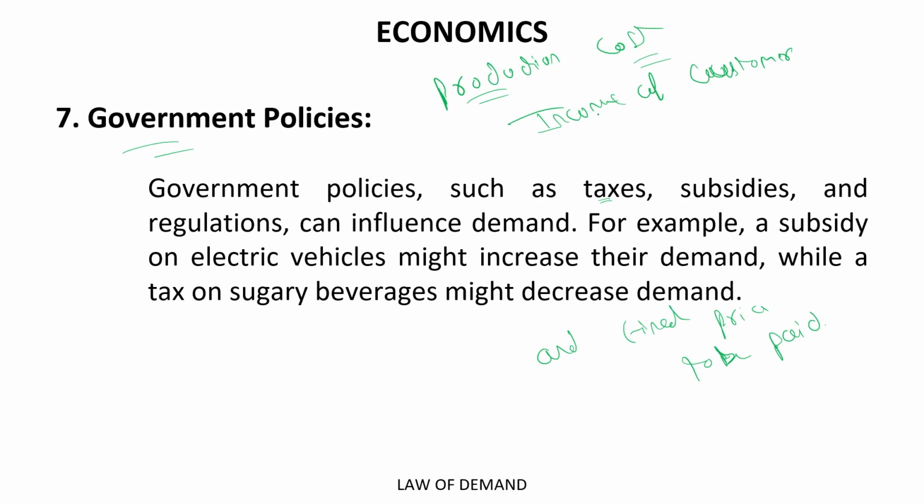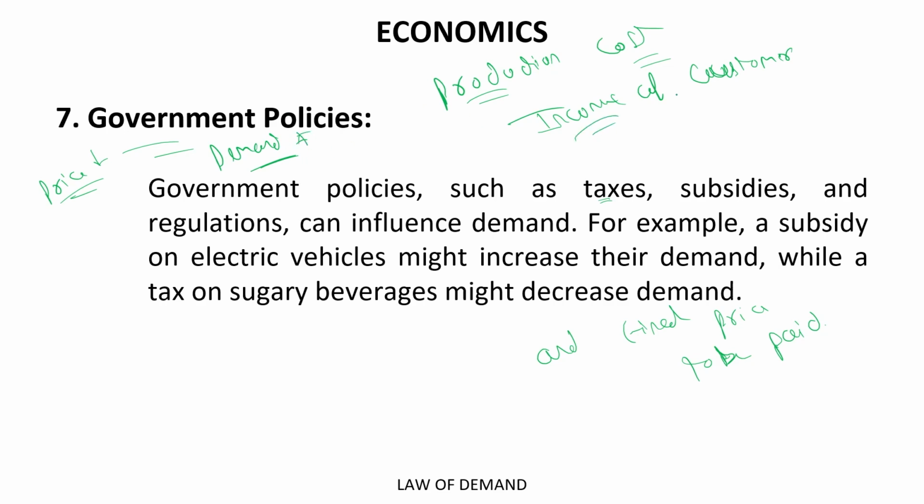The raw material will cost more, and when the material costs more, the production cost will increase, and when it increases, the price will also increase. And as we have learned in this section, as the price increases, demand decreases. Now take the second case. If the government has removed various taxes or provided subsidies to the producers on raw material, then the production price will go down, and when the price goes down, the demand goes up.